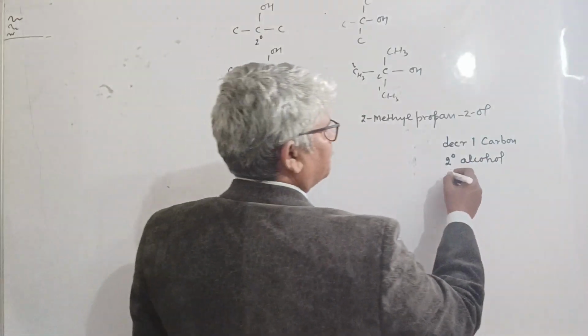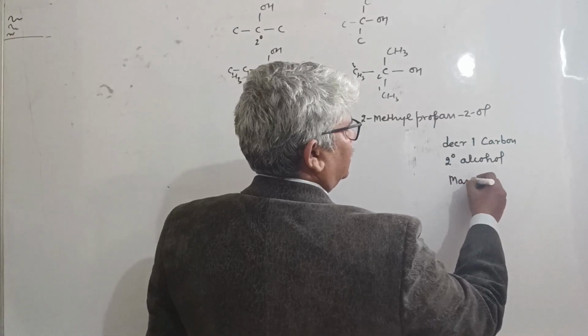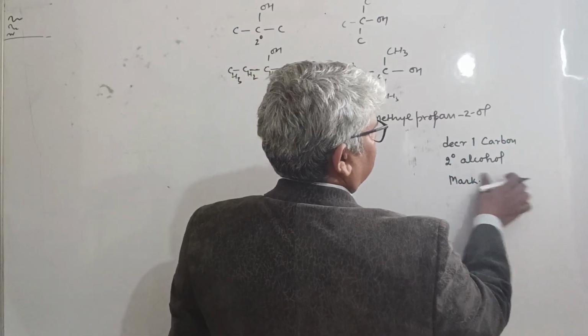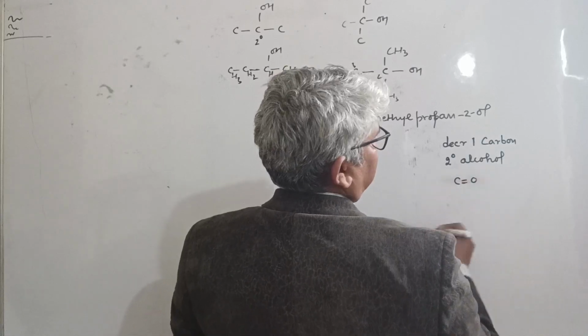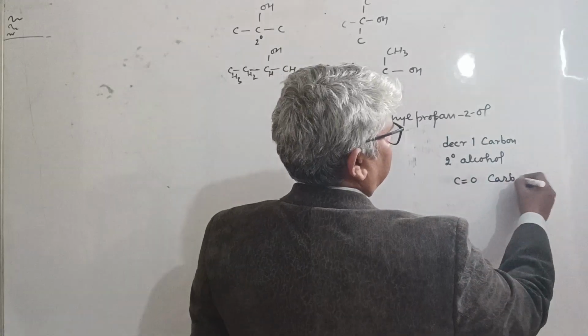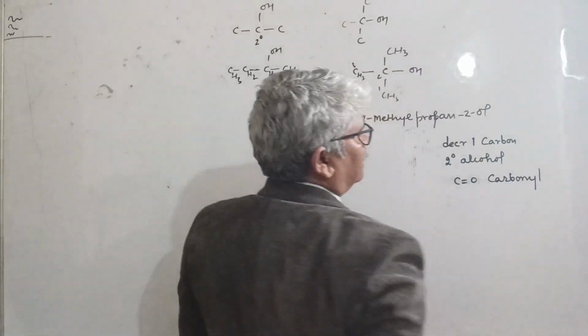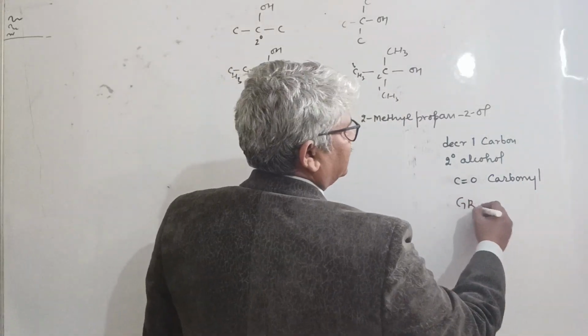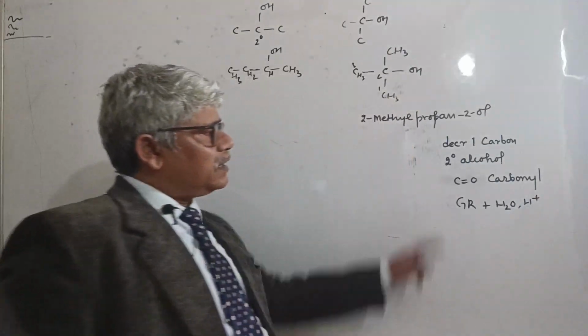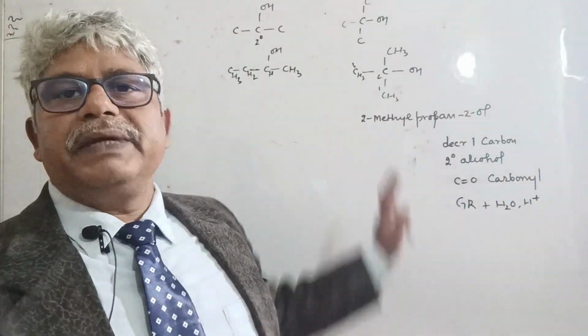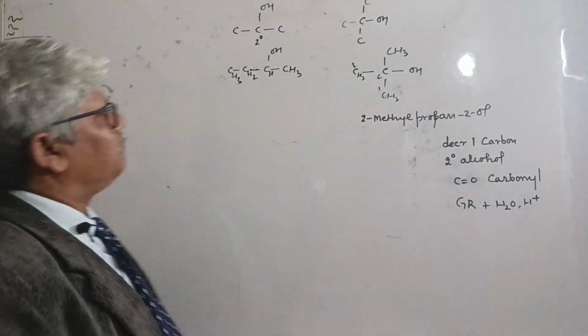Then apply Markovnikov rule. Then convert to carbonyl group. And then apply Grignard reagent followed by hydrolysis in acidic medium. These are 4 major steps. So we will do them one by one.